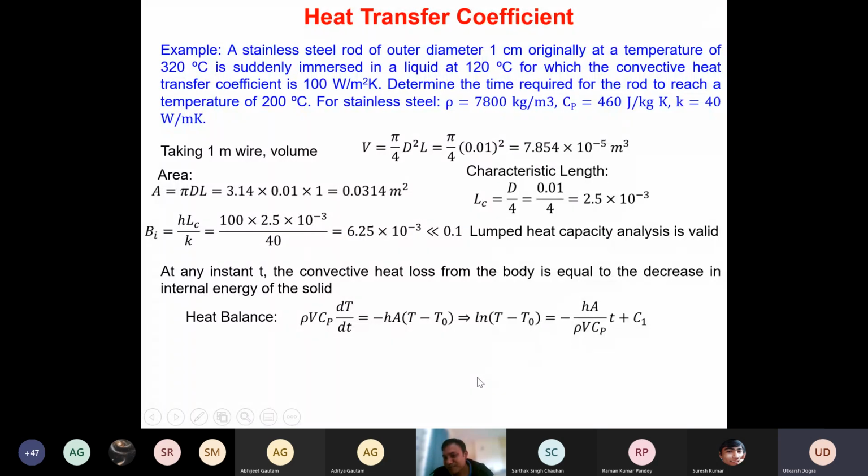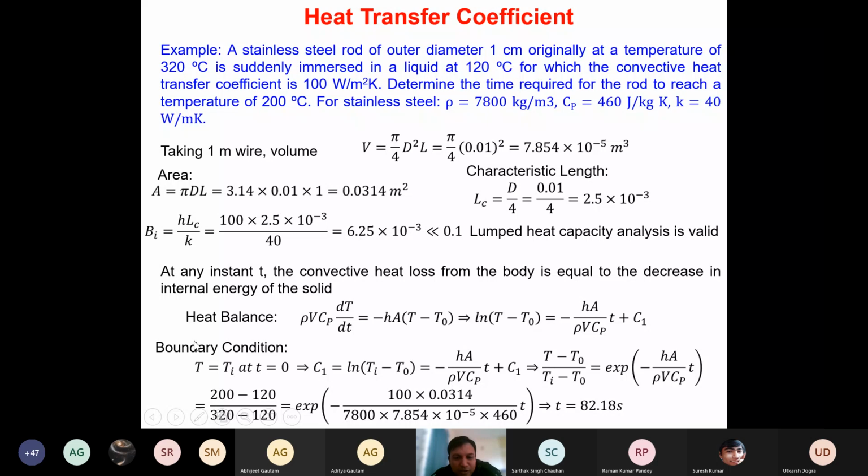Then we can apply the initial conditions: at time equals 0, temperature T equals Ti. So C1 will be given as ln(Ti minus T naught), and so ln(T minus T naught) equals minus hA by rho V Cp times t plus ln(Ti minus T naught).